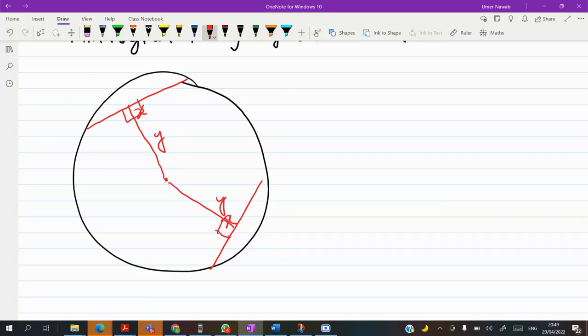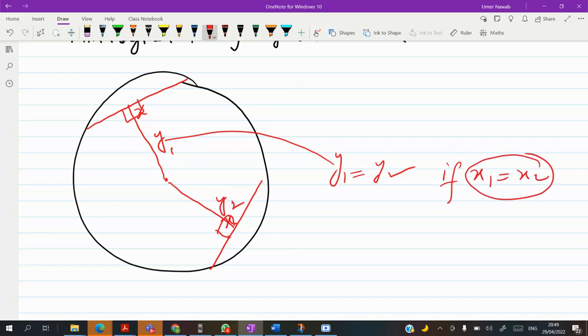Got it, boys? I'm talking about this y, this is y1 and this is y2. So y1 is equal to y2 if x1 is equal to x2. If the lengths of the chords are the same, then the distance of the chord from the center will also be the same.